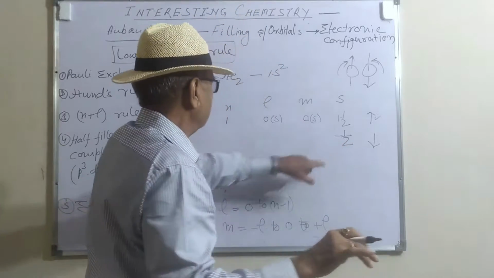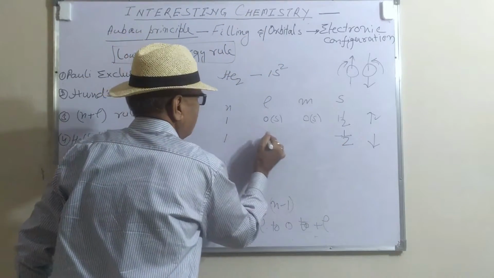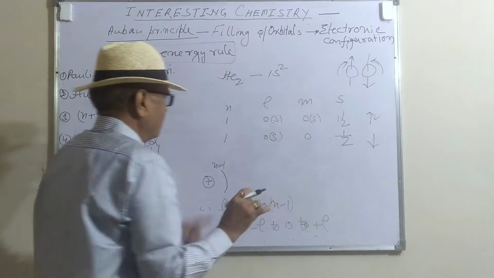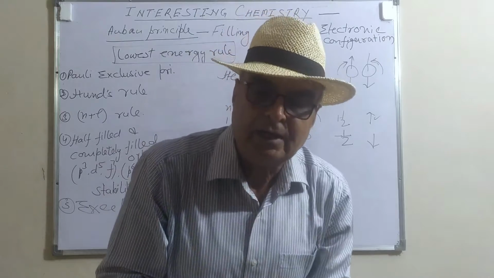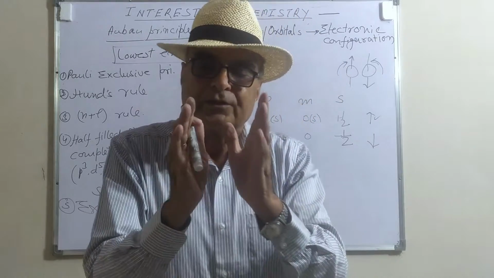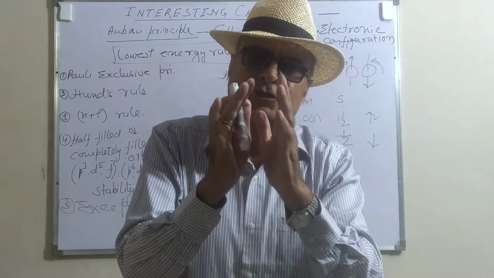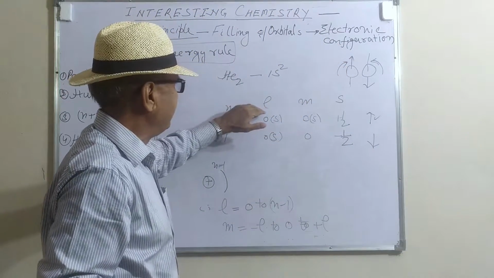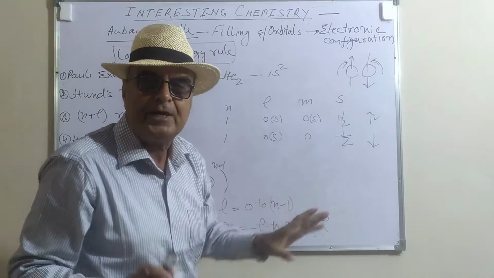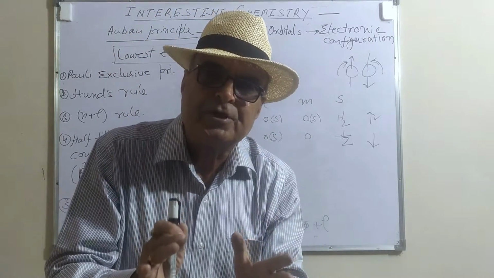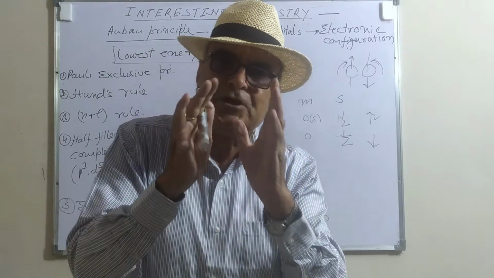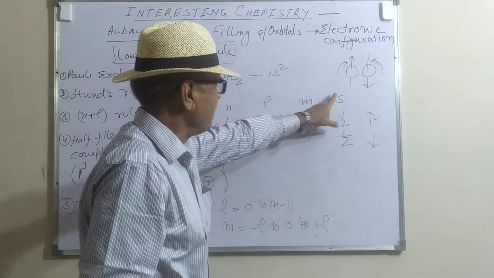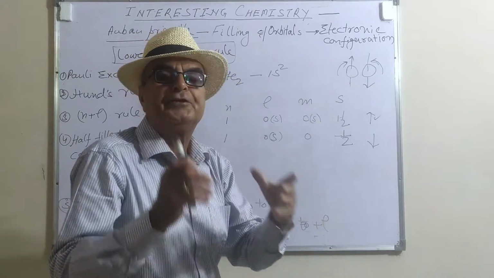So in this way, Pauli tells us that the three quantum numbers n, l and m may be the same, but the fourth quantum number s will be different.